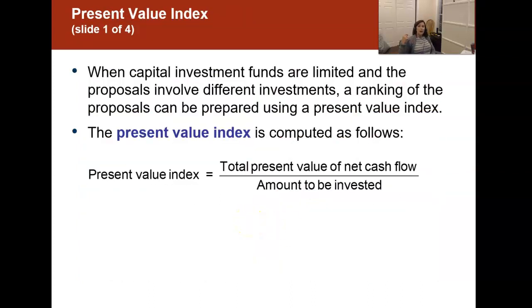Now we can get a present value index from this, and often we're looking at projects and we can't take them all. So we've got to compare the pros and cons of each of these projects because we want to make sure that we choose the one that's going to give us the biggest bang for our buck. And using the present value index is a way that we can compare those projects. So we get the total present value of the net cash flow and divide that by the amount to be invested.